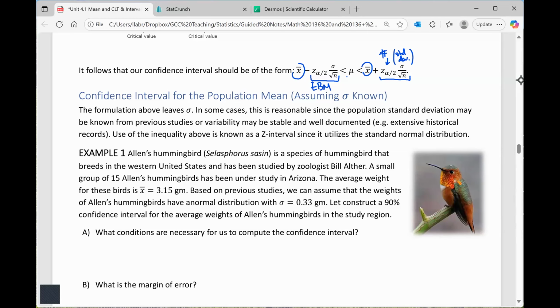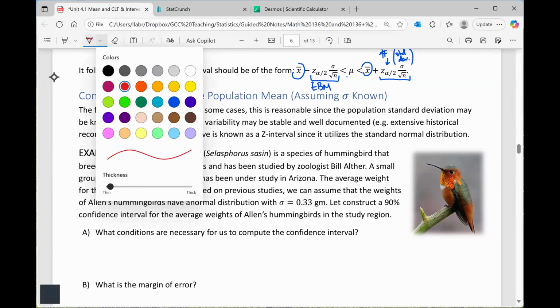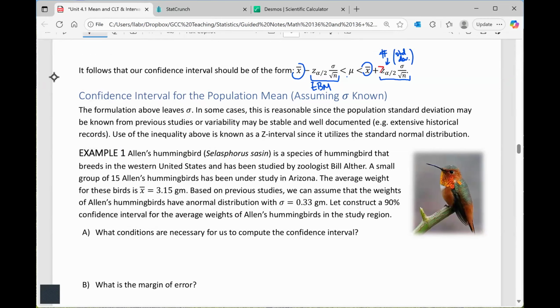All right, let's go ahead and demonstrate an example on how we can use this. Now, there are two things here that I want to note. We kept z sub alpha over 2, which tells you that your sampling distribution x bar has a normal distribution.